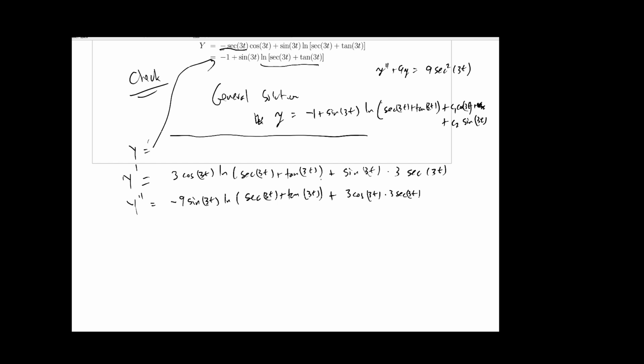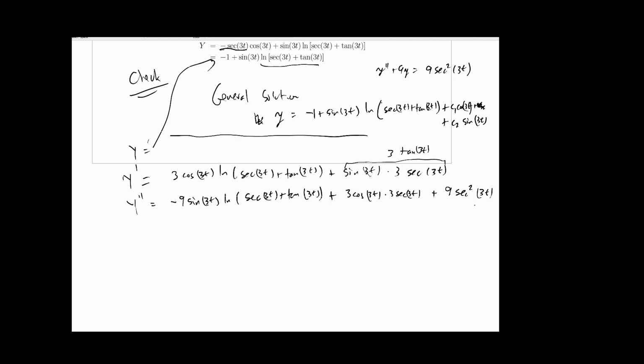So now we've differentiated that whole first part. This product here, sine of 3t times 3 secant 3t, I should have said we can rewrite this as 3 tangent of 3t, because that's what sine times secant is. That's tangent, and we have that factor of 3. So when I differentiate 3 tangent 3t, I end up with 9 secant squared of 3t.